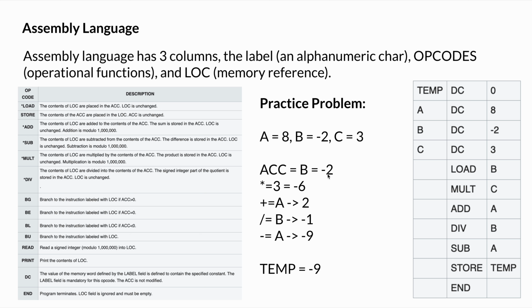Then you're multiplying it by C, so no new memory address is specified here, which means that we're just multiplying the accumulator by C. Adding A, dividing by B, and subtracting A, so essentially we're doing all of that and we get to -9. Now we're storing that value in a variable called temp, or a memory location called temp. So this question asked what the value of temp was at the end, so temp would be -9 at the end of following through all of these operations.